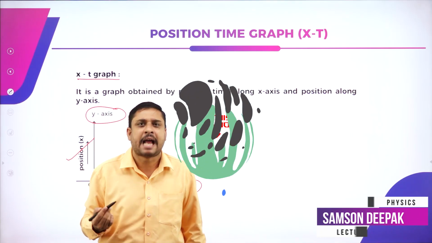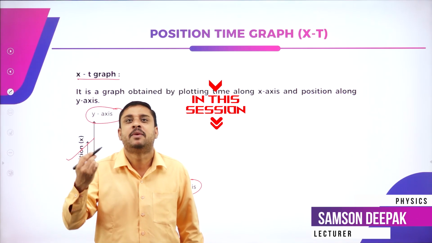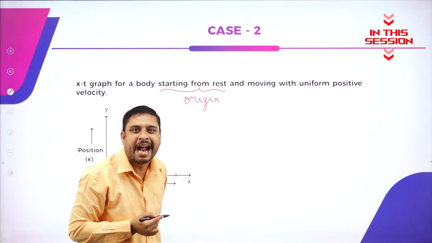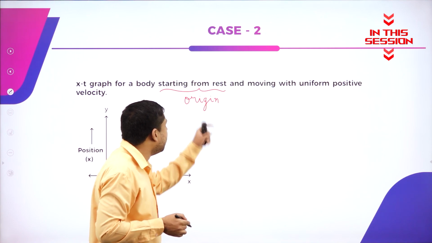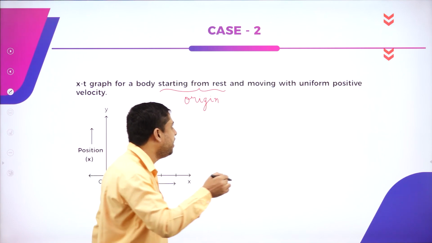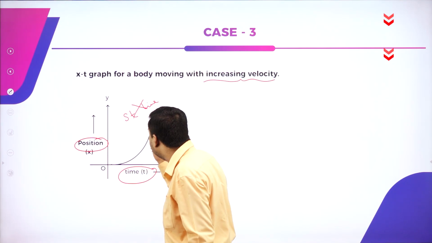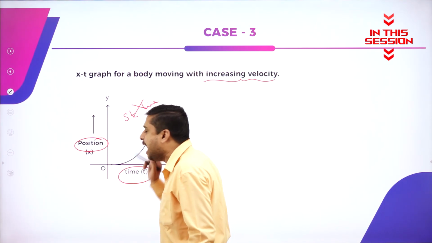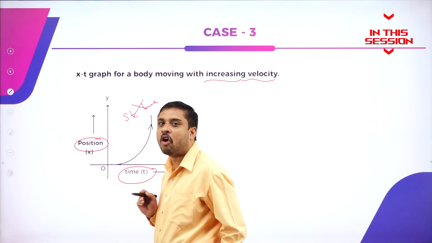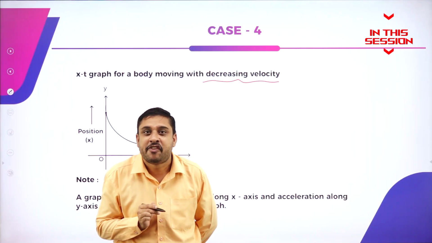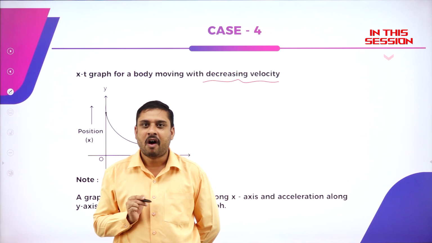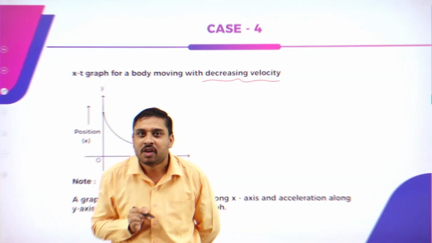Now let us understand position time graph for various situations. It is initially at rest. It starts from rest, so initially at origin. The position is changing along a curve and not a straight line. What was the significance or importance?